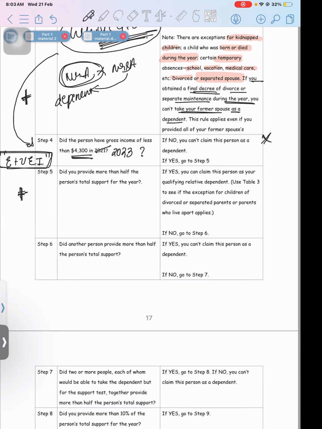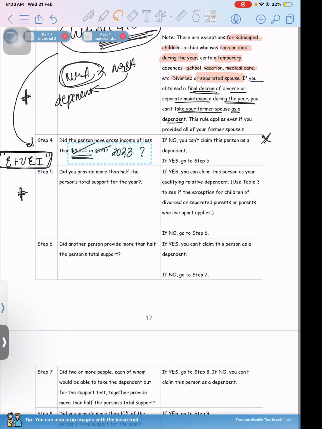Just a minute, guys. I'm just confirming the limit. I think it is for 2023. Yeah, here it will be 4700.